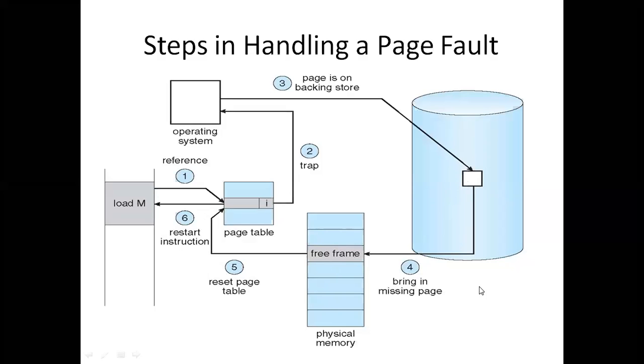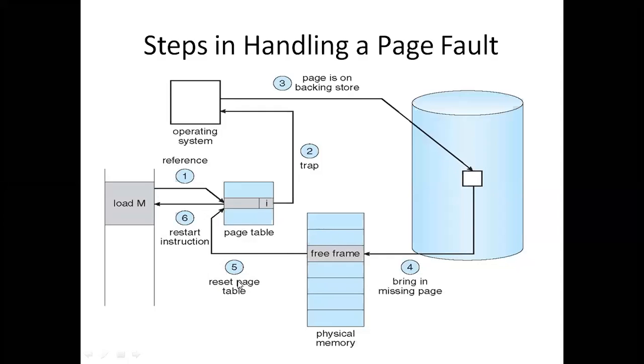In this particular diagram, there is a free frame. Free frame is available. So what did the operating system do? The operating system brought the page from secondary memory to main memory and keeps it in the free frame. Whenever it is in the main memory free frame, automatically we need to update the page table.